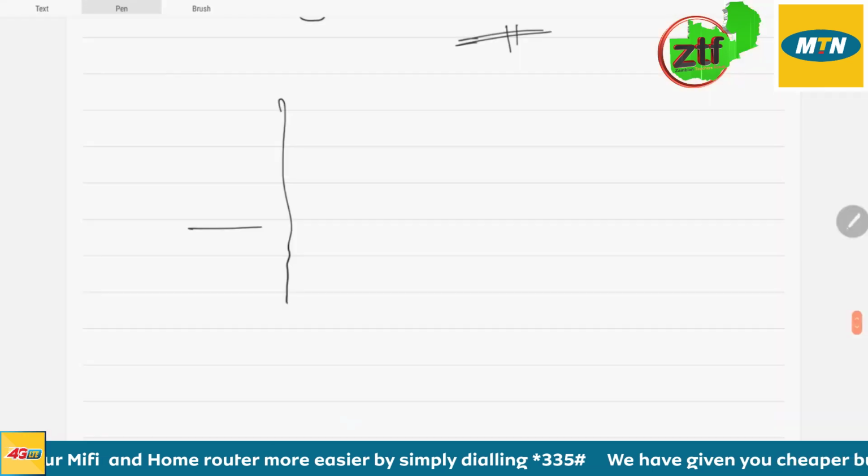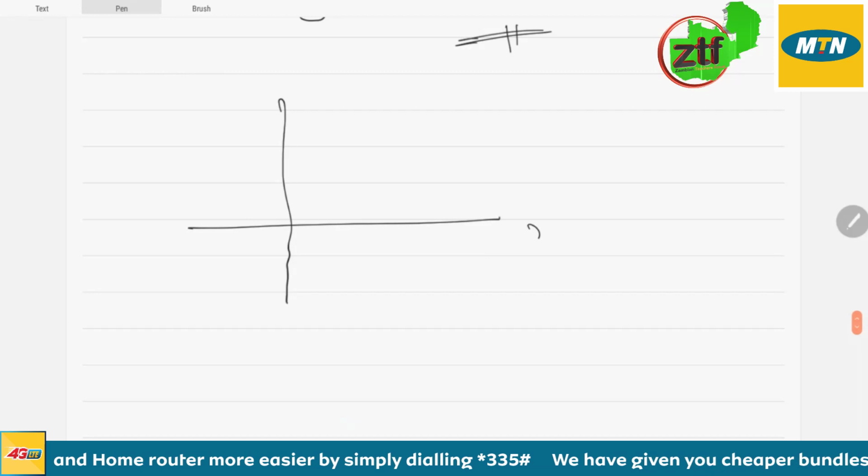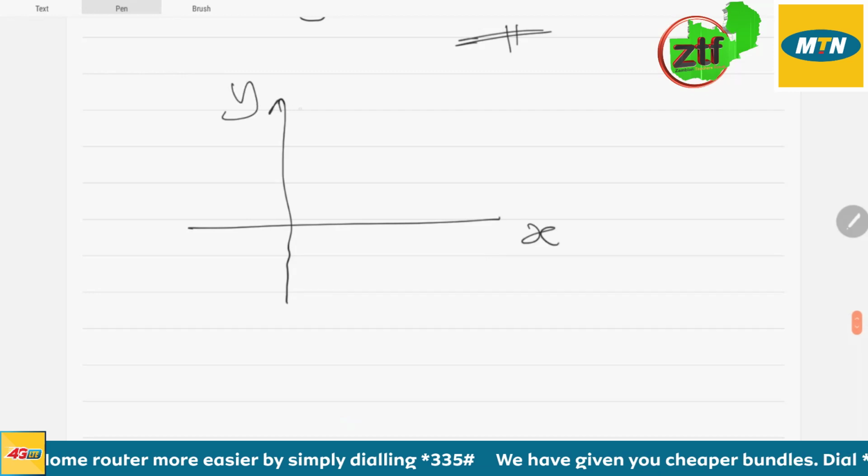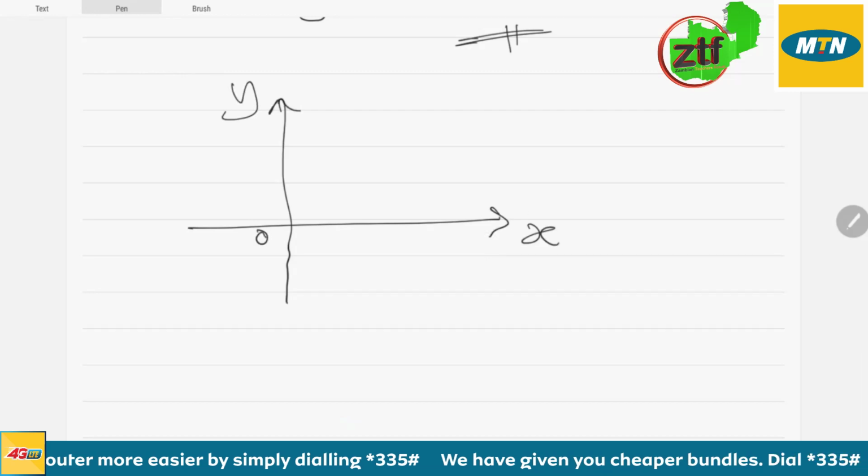Now, what is gradient? Assume that we have the x-y plane. We have x and we have y. This is the origin, 0.